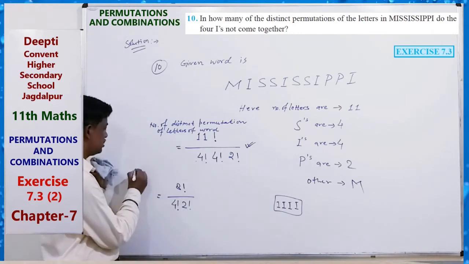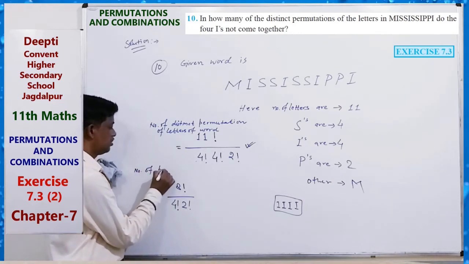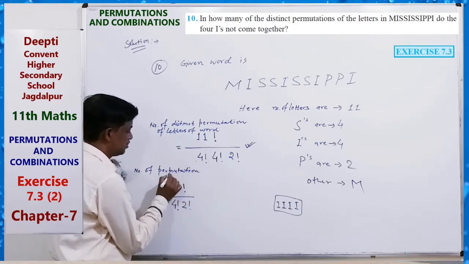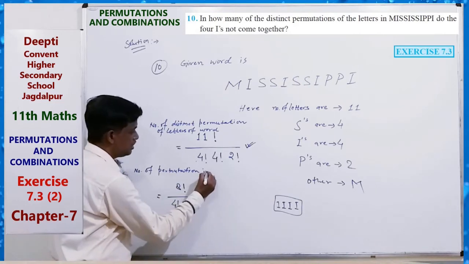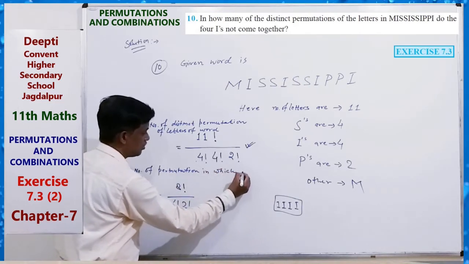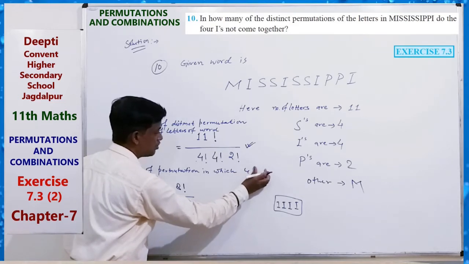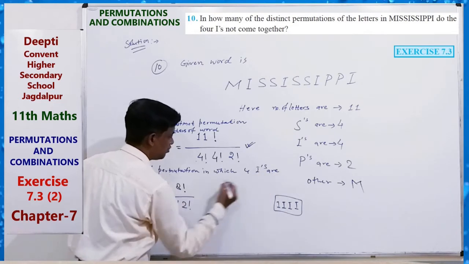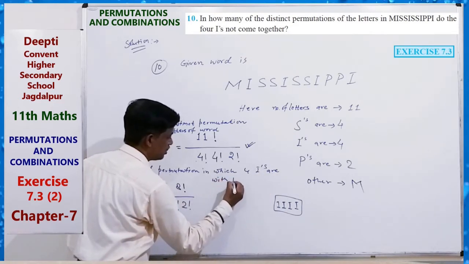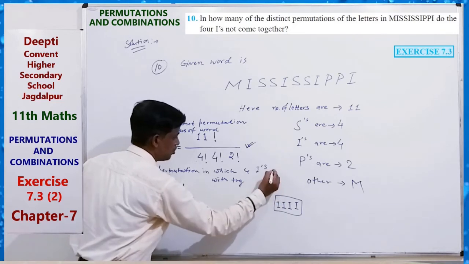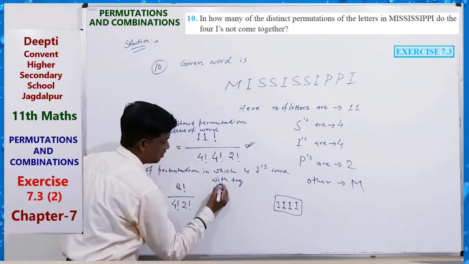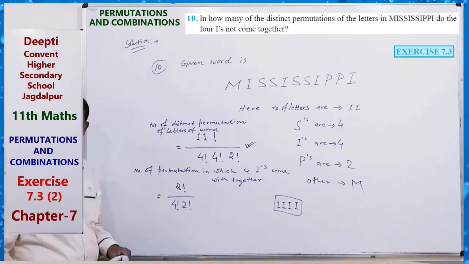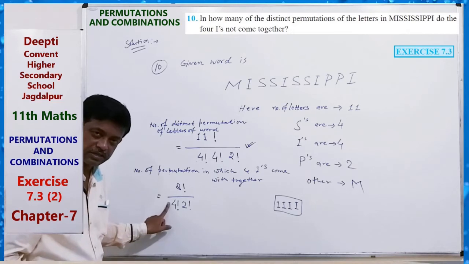This is the number of permutations in which the 4 I's are together.